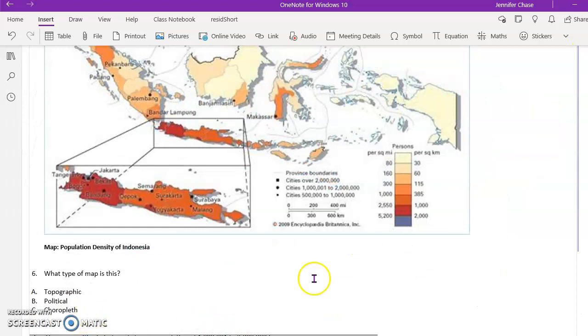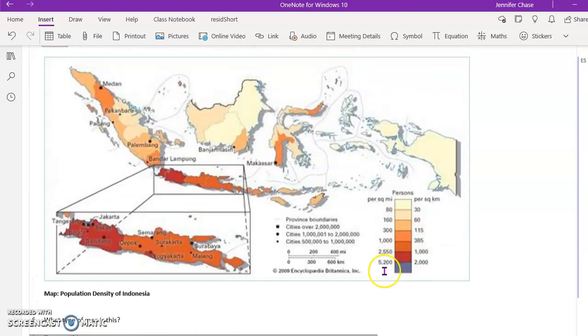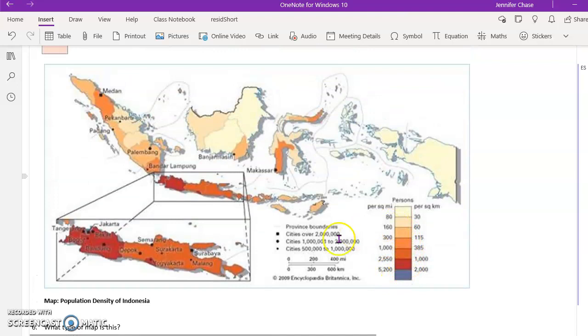As always with a map, you need to look at the key. Its title is down here, population density of Indonesia. The blue is densely populated, so you can see there's some blue when we zoom in. This is a zoom in of this part of the map, and there's lots of red and orange on Java, and the lighter you go, the fewer people living in every square kilometre.